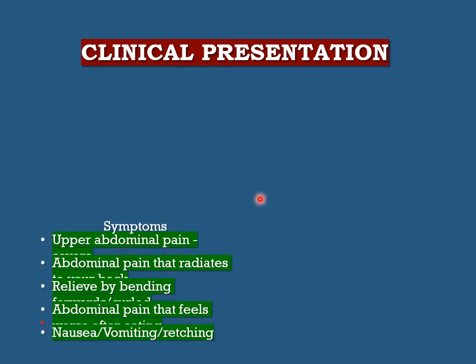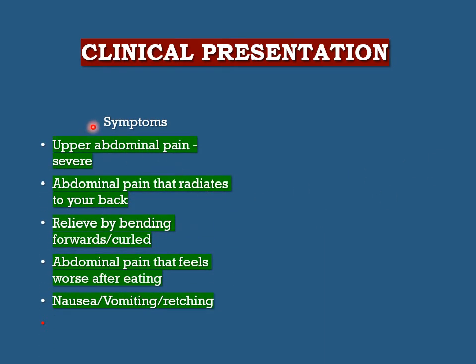The clinical presentation of acute pancreatitis. First, the symptoms. These are the common symptoms usually seen in patients. Upper abdominal pain is characteristically severe, in the upper abdomen, the epigastric region and the upper umbilical region.